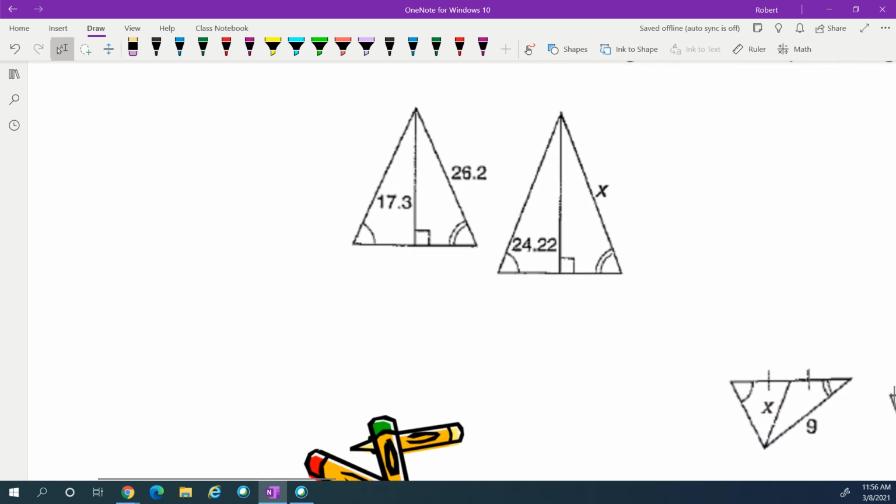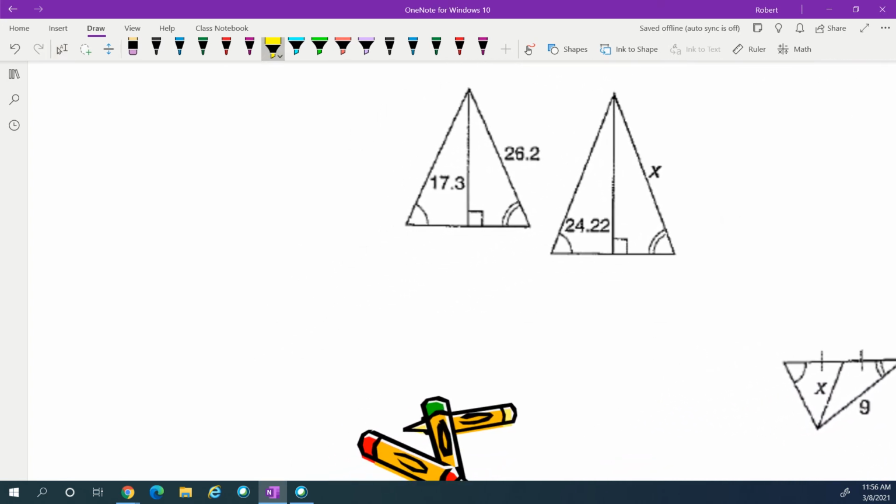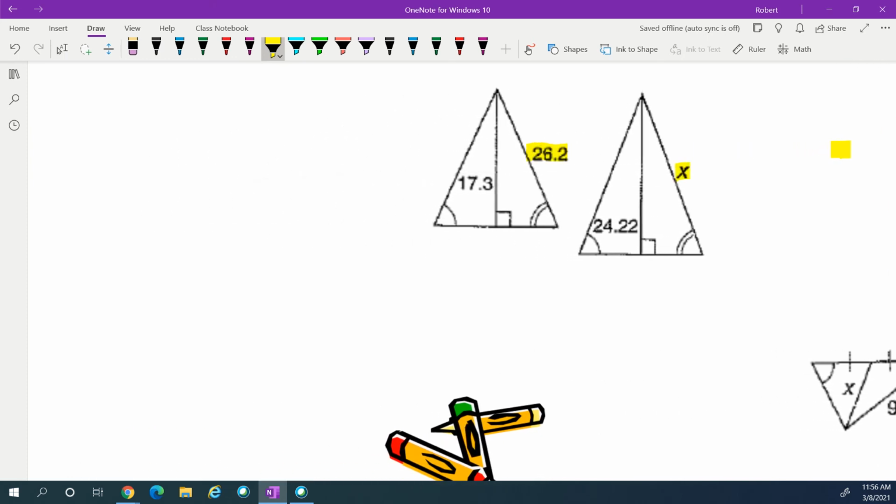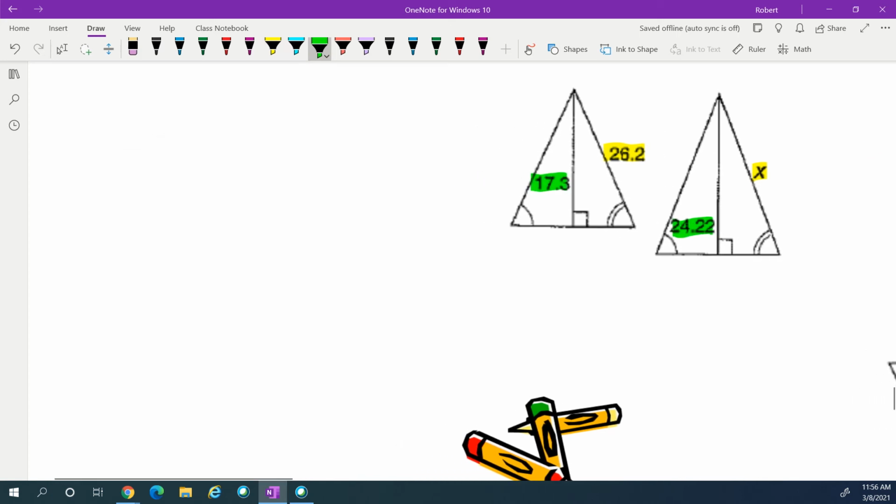In our example here, notice that we have sides and altitudes. Well, we can do side over altitude equals side over altitude.